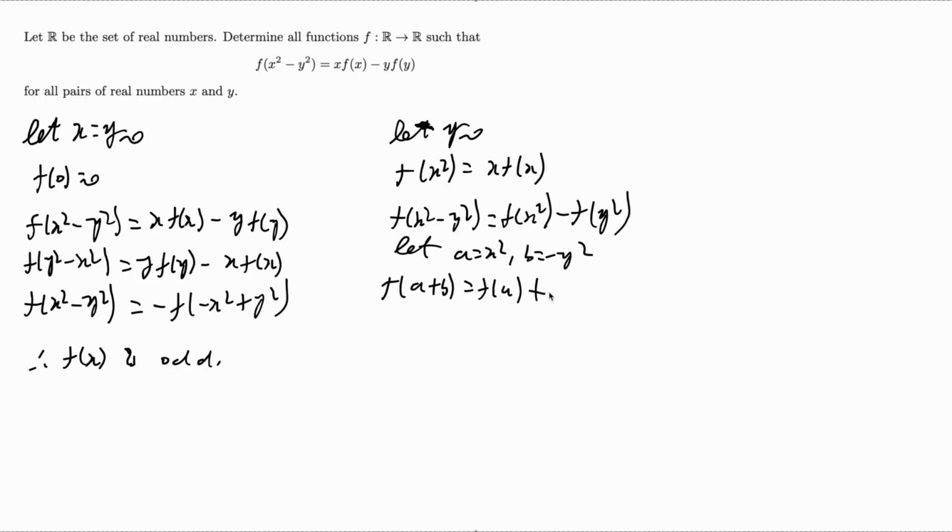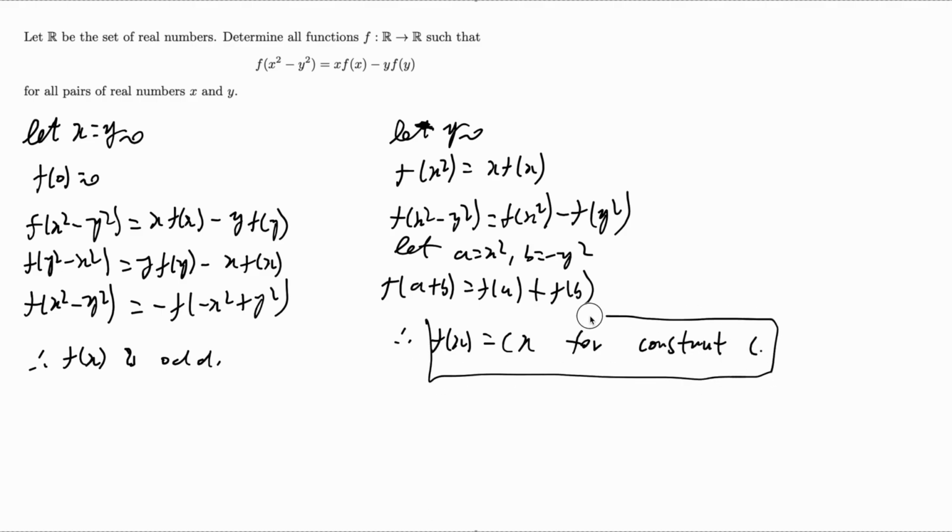Because this is odd, we can write it as f of a plus b. I think so. Yeah. And this is a very famous Cauchy equation. Therefore we know that f of x equals c times x for constant c. So that's our solution right here.